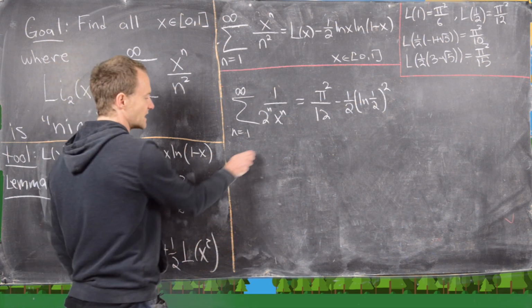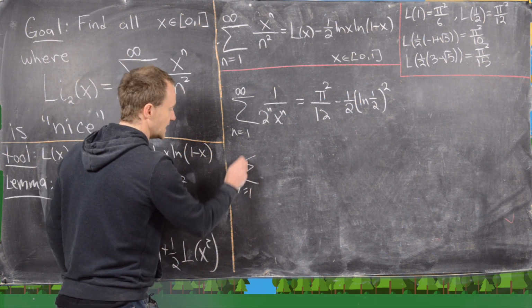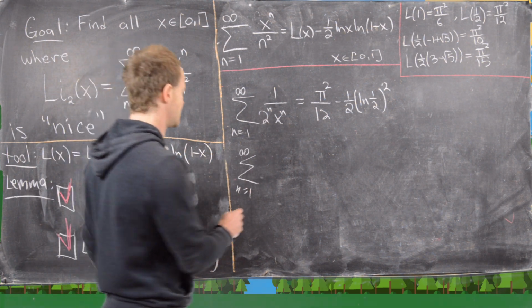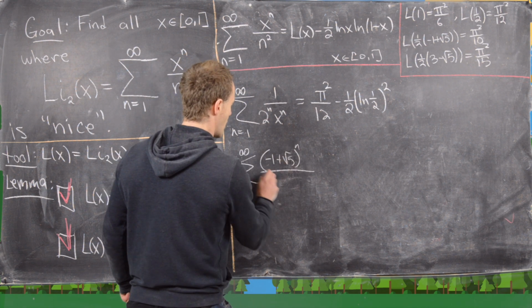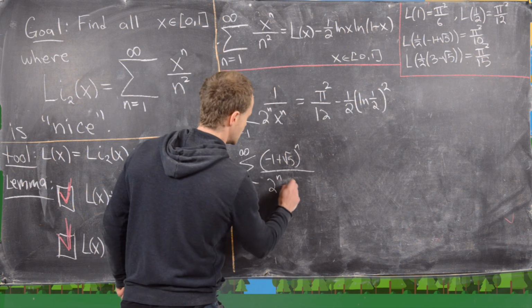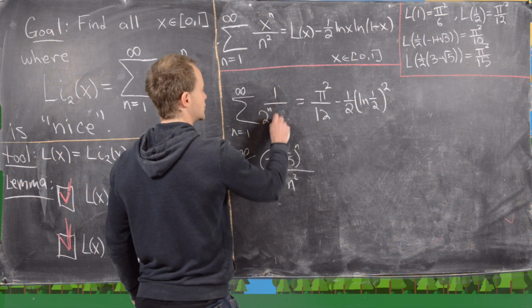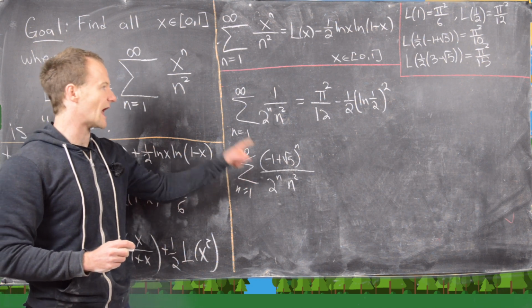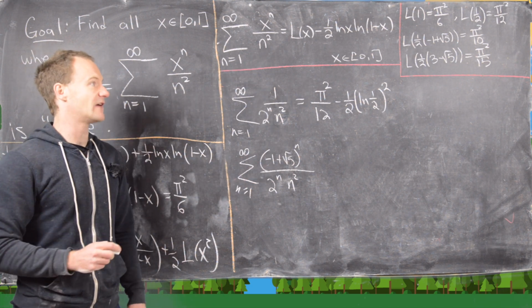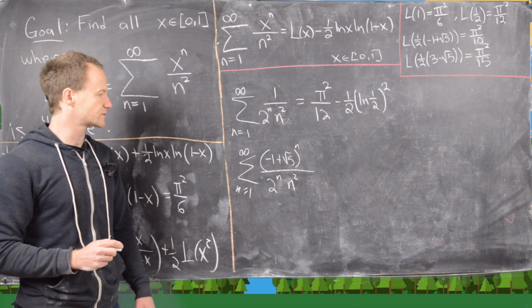So now let's look at these others. So here we get the sum n equals 1 to infinity of minus 1 plus root 5 to the n over 2 to the n, n squared. Sorry, this should have been n squared up here. Okay, cool. So that's plugging in x equals 1/2 times -1 plus root 5.